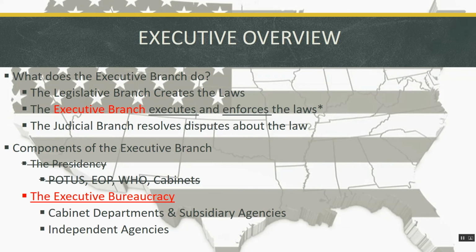And so what we're going to find is that it has a lot of smaller tasks that it needs to handle, and therefore the Department of Homeland Security can be subdivided into a whole host of subsidiary agencies. Subsidiary agencies are smaller and more specialized portions of the bureaucracy that are couched within, and that answer to, their encompassing cabinet departments.